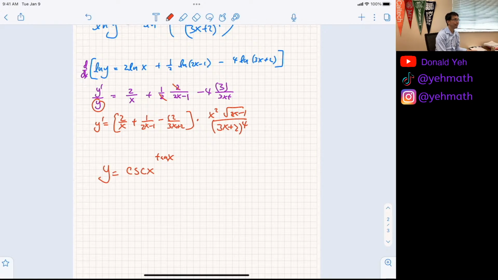Say that one more time. Cosecant of x to the tan of x. Yes. There you go.